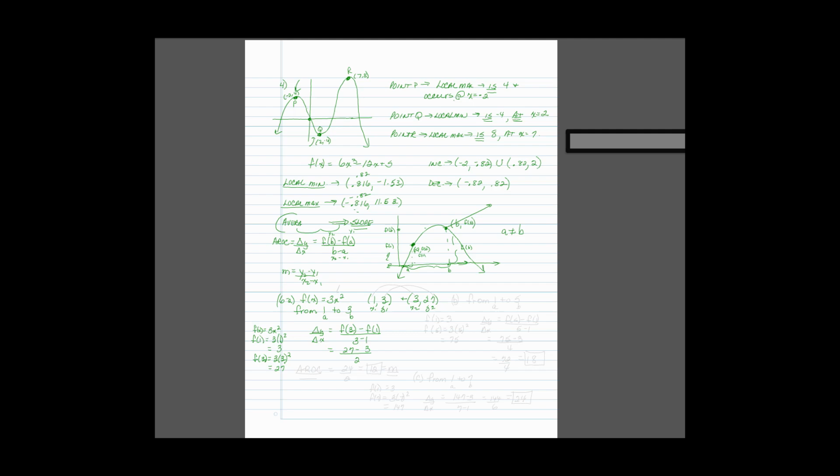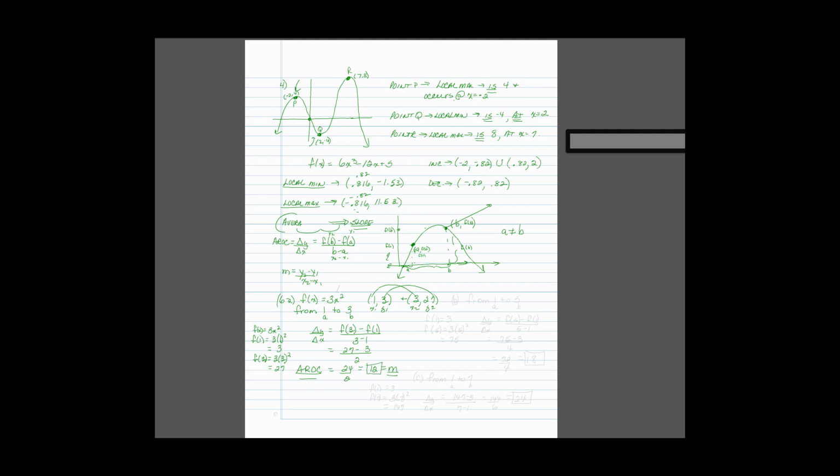Over 3 minus 1 is 2. 27 minus 3 is 24. Divided by 2 is 12. We would have gotten the same thing here. 27 minus 3 over 3 minus 1. You get the same thing. It's just a different way to look at it. This is our slope, or our average rate of change. Slope. Same exact thing. It's 12.